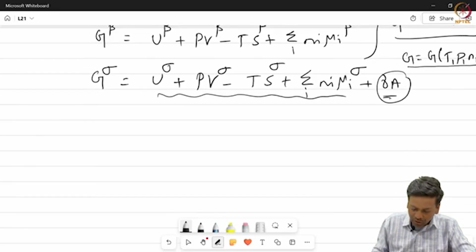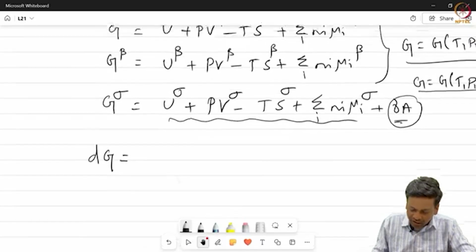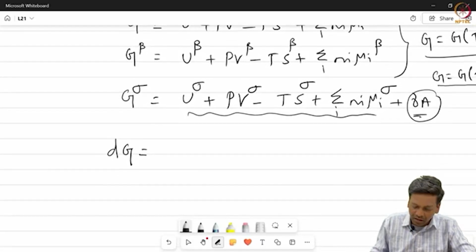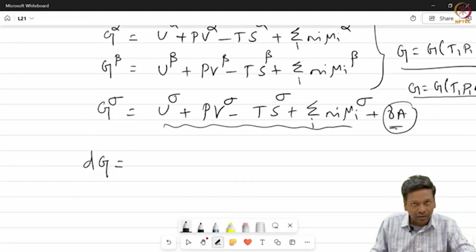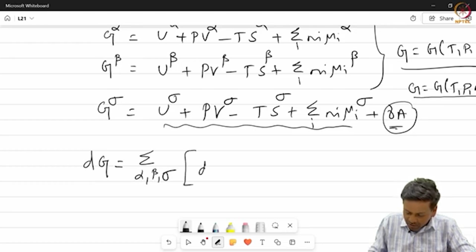Now you can express this in terms of differentials. Since alpha, beta and sigma are going to be common in all these cases, I can simply express this as the sum over alpha, beta and sigma, which is nothing but dU.